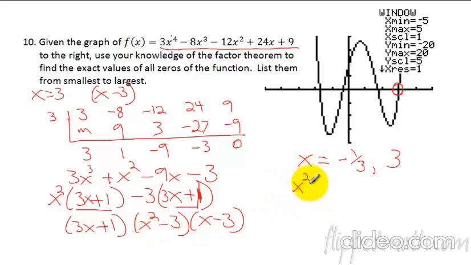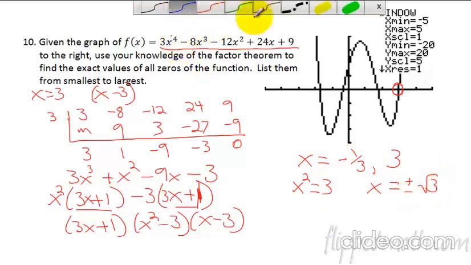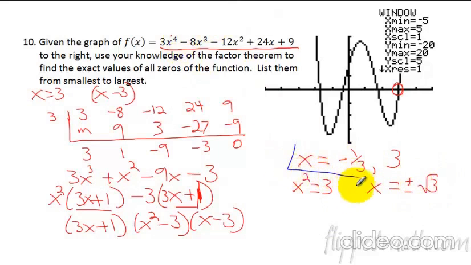When you take x squared and add the 3 to both sides, you're going to get that x equals plus or minus the square root of 3. So we have how many answers? 4. We have those 2 and that one. There's our 4 answers. Negative 1/3, 3, square root of 3, and negative square root of 3.